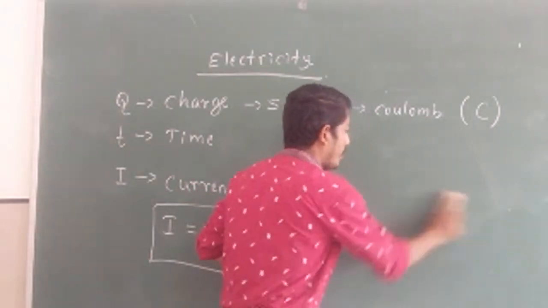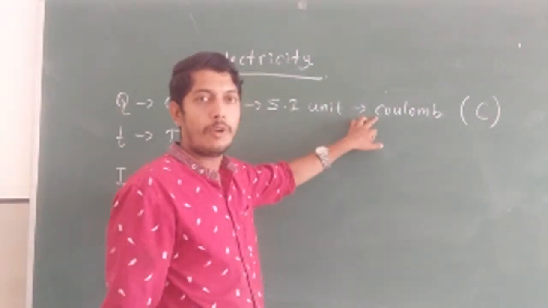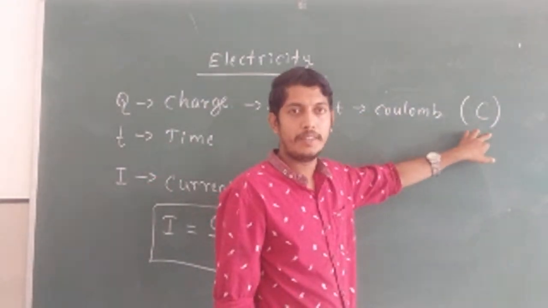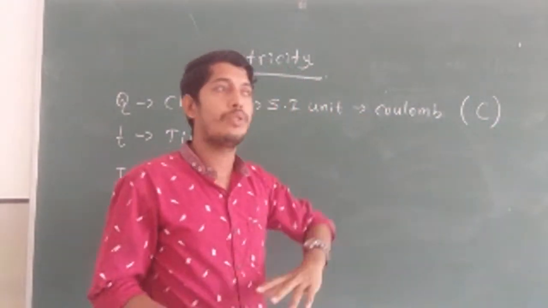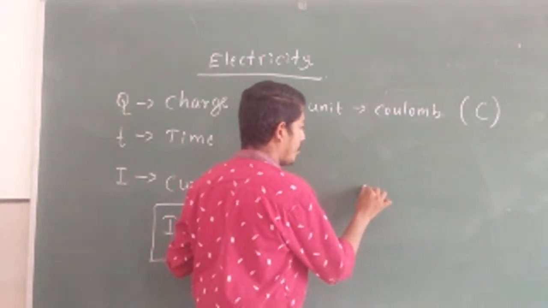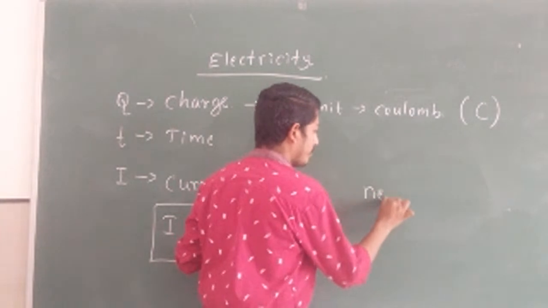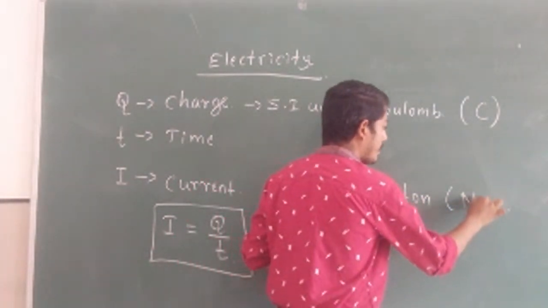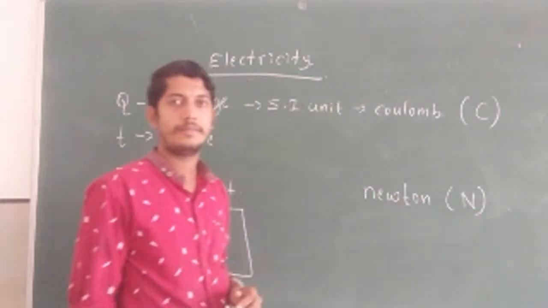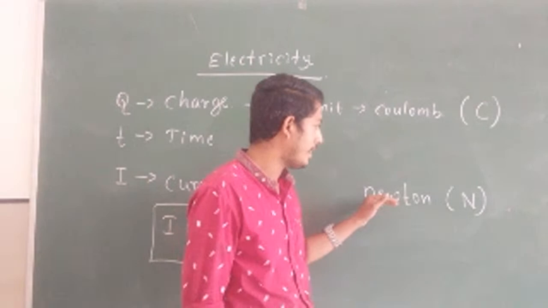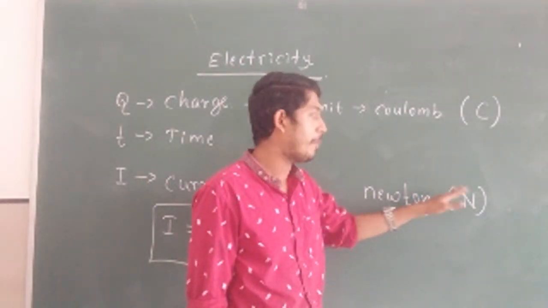You have to remember why it is small c in one place and capital C in another. Similarly, you learned about force, and the SI unit of force is newton, represented by capital letter N.